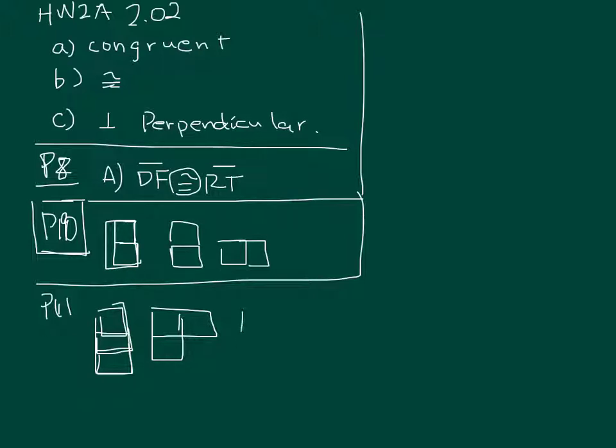Yeah, because if you put it this way, these two are exactly the same thing. And if you make something like this, it's the same thing because you're just simply rotating this 90 degrees. Alright, so that's lesson 2.2. Oh, actually, we have problem 13.